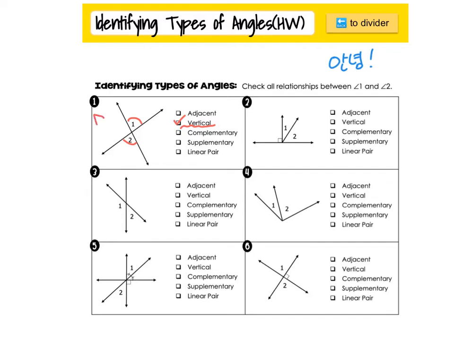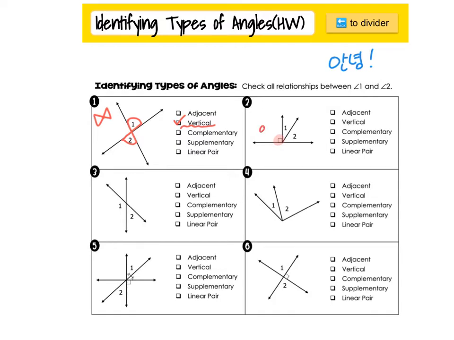I call them bow tie angles because it looks like a bow tie, isn't it? If you turn it a little bit on the side. And vertical angles are always congruent. They're the same measurement.